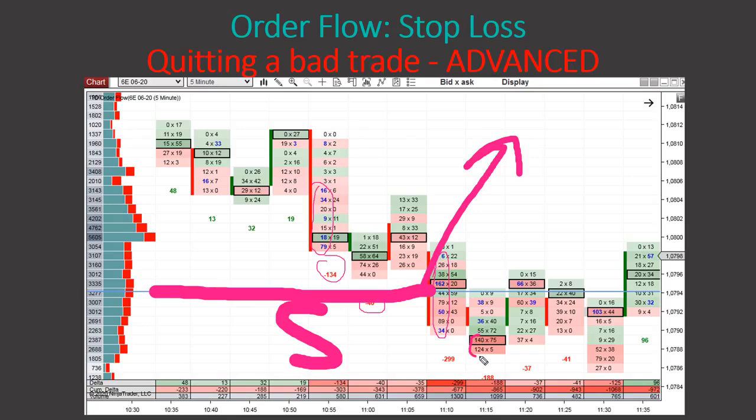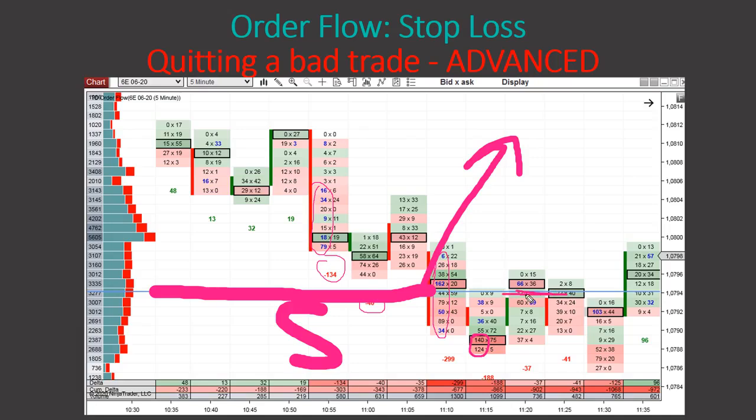Then you see those big numbers on bid, and this is a sign of aggressive sellers at the low of the footprint. And this is a thing which usually gets tested. Heavy volumes at low of a candle, especially in a trend. So when you are offered a chance, you should quit the trade.